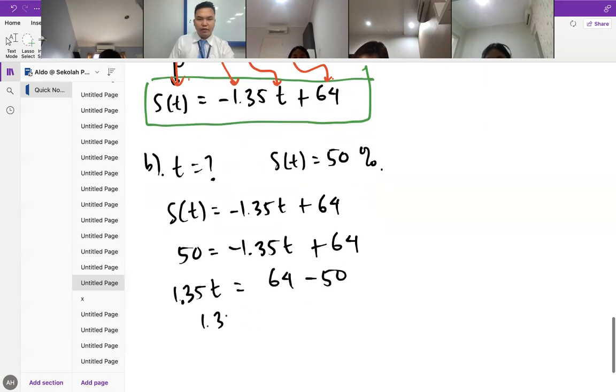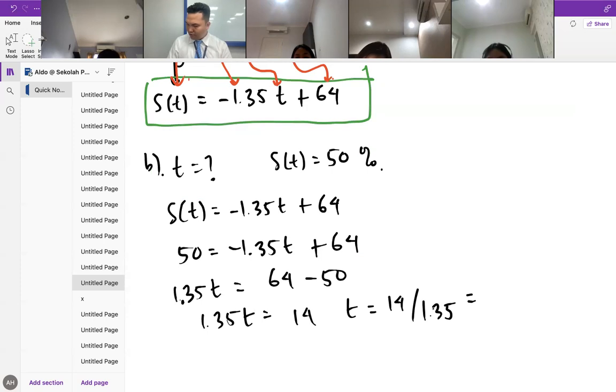Then 1.35T is equal to 14. Then T is equal to 14 over 1.35, which is equal to 10.37 years.